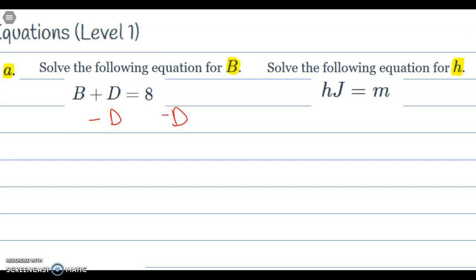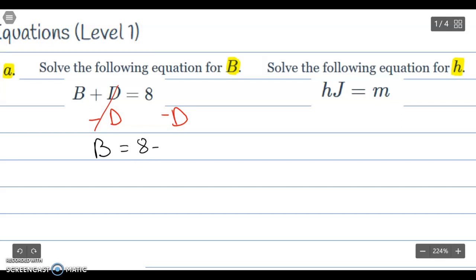Now notice how the D's will cancel out, and that's going to leave us with just B on this side. And make sure, don't make this mistake, make sure you use the same thing. If it has a lowercase b, use a lowercase b. If it's uppercase, use uppercase. Okay, now this 8 minus D, you can't really do that. So all you've got to do is just write it just like it says, 8 minus D. And that's the answer. That's it.